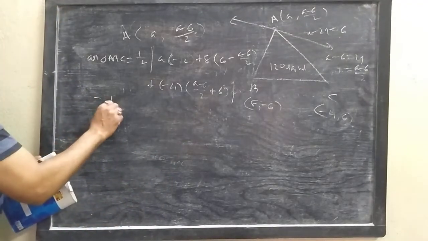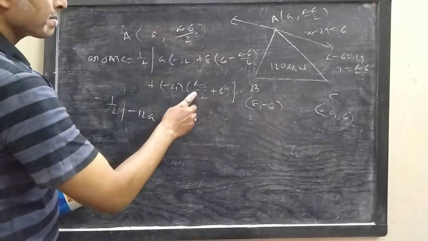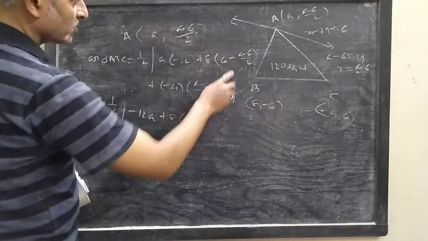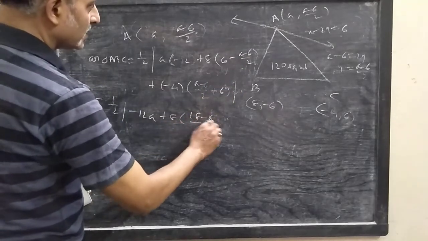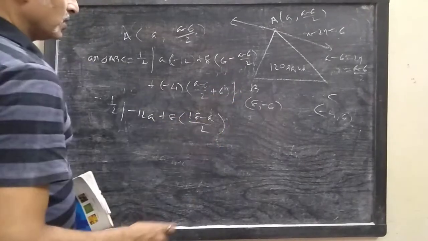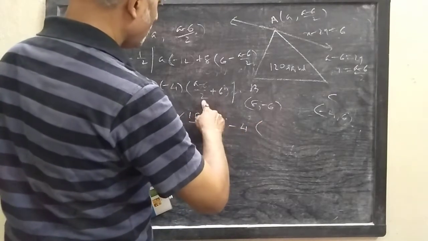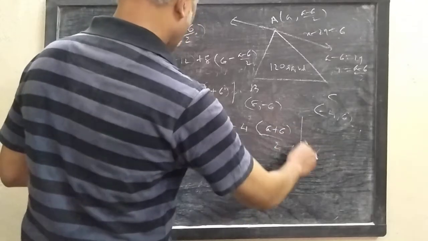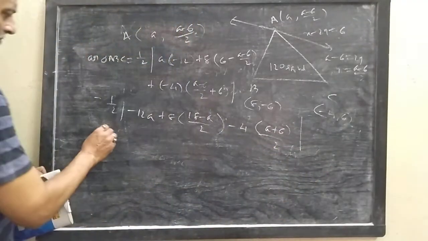This will be equal to half mod. This is minus 12a. This will be plus 8 into (12 minus a plus 6), that is 18 minus a, whole by 2. This will be minus 4 into (a minus 6 plus 12), so (a plus 6) by 2, mod closed, square units.